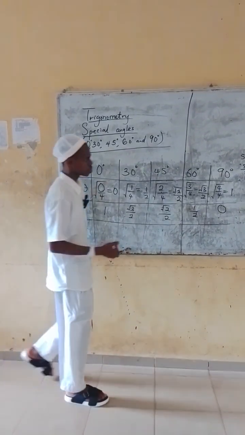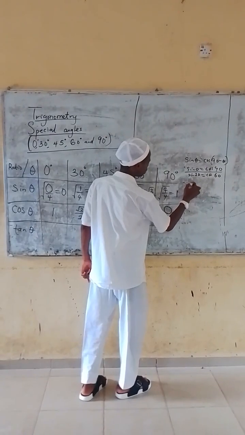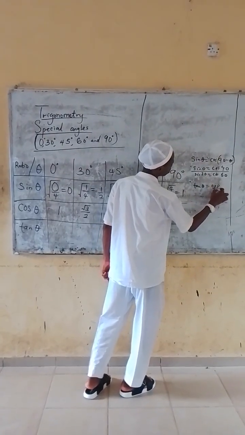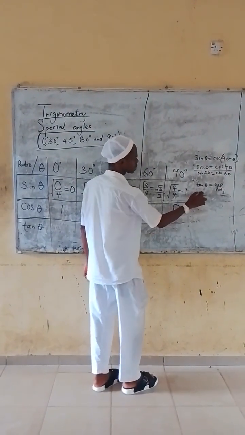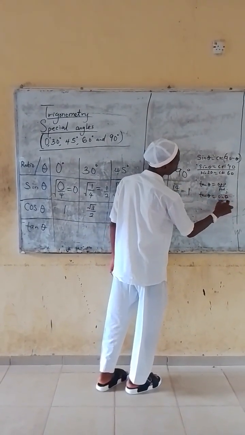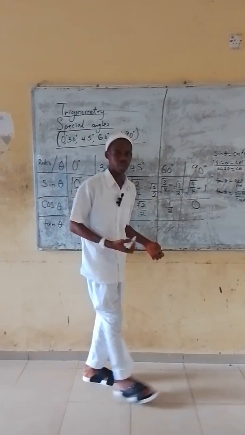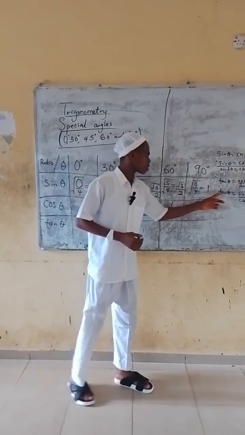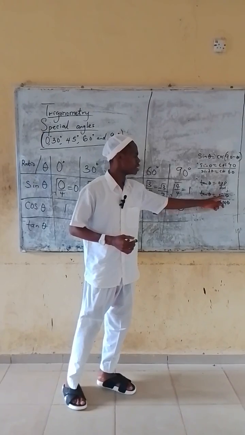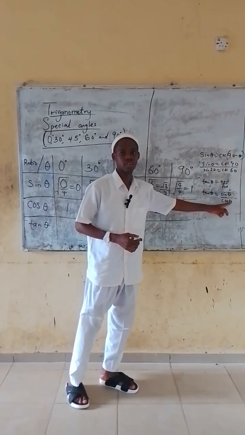The next one is the tangent of the angle. Remember that when we said tan theta equals opposite over adjacent, we also concluded that tan theta equals sine theta over cos theta. So if my theta is 0, tan 0 will be the same thing as sine 0 over cos 0.